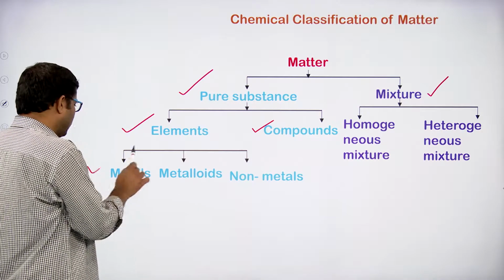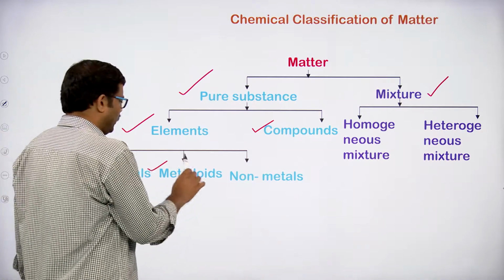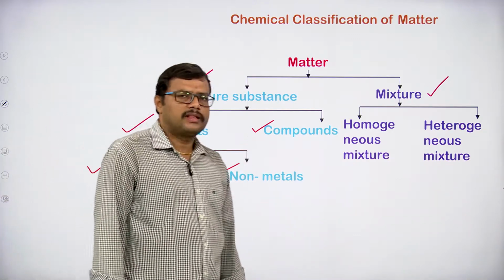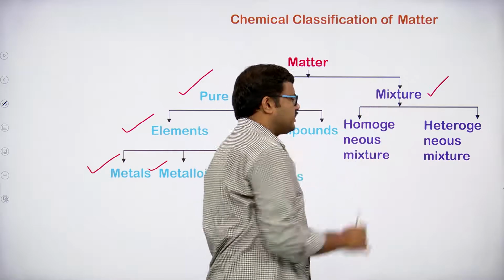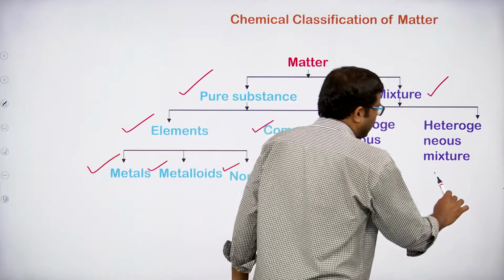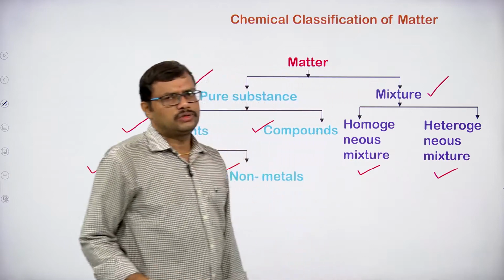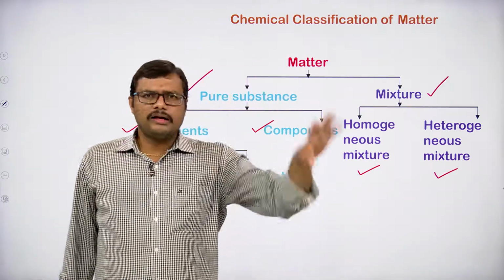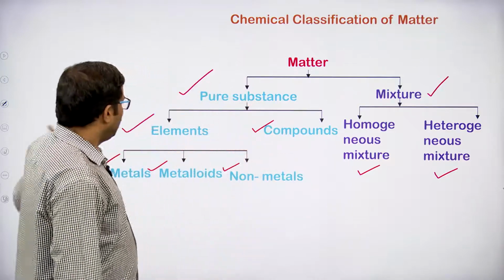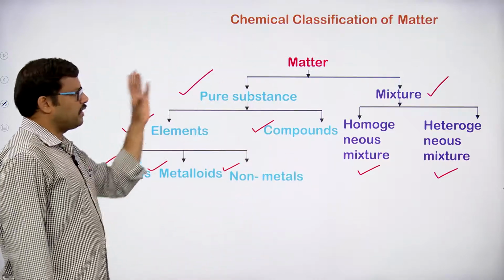The elements are further classified as metals, metalloids and non-metals. There is no classification for the compounds. Coming to the mixtures, the other side of matter, one is homogeneous mixture and the other is heterogeneous mixture. So, this is the overall chemical classification of matter.